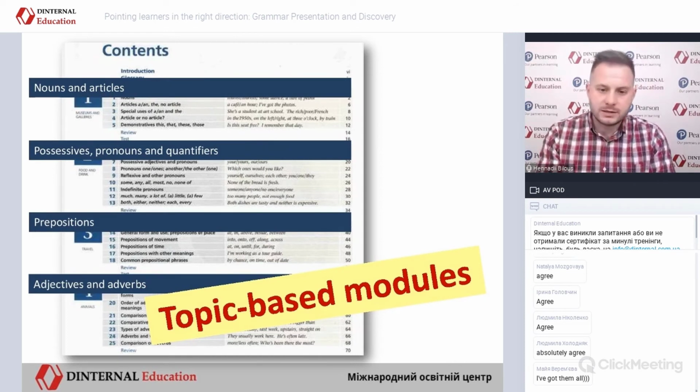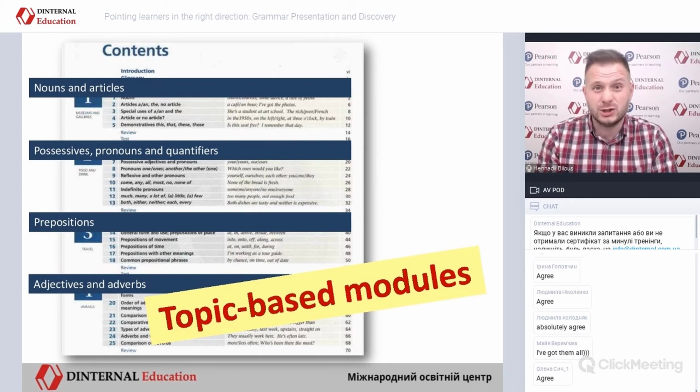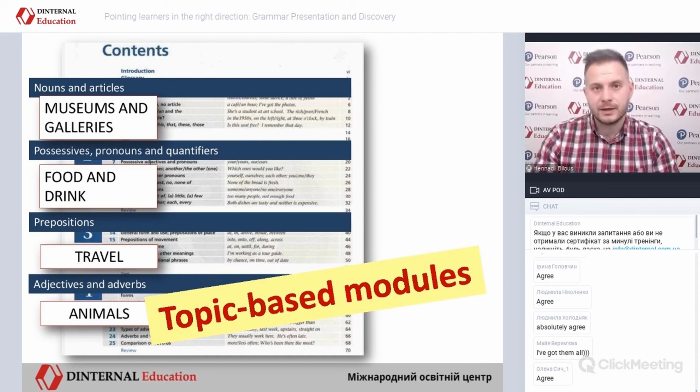One thing I'd like to mention, guys, is that what a lot of my colleagues, teachers of English, adore is that every single module in My Grammar Lab is topic-based. So it's not only about a certain grammar topic like nouns and articles, possessives, prepositions, but every single module has a certain vocabulary topic for students to learn.